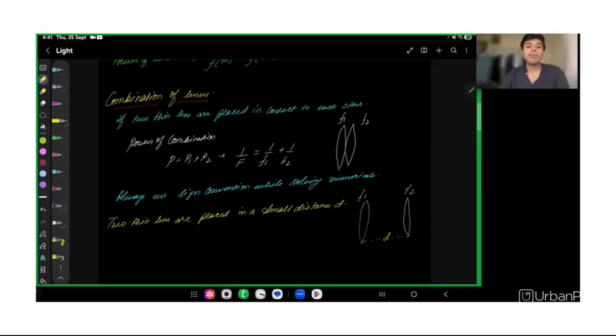Provided incident rays are parallel to the principal axis. This is very important. Provided incident rays are parallel to x-axis, right?